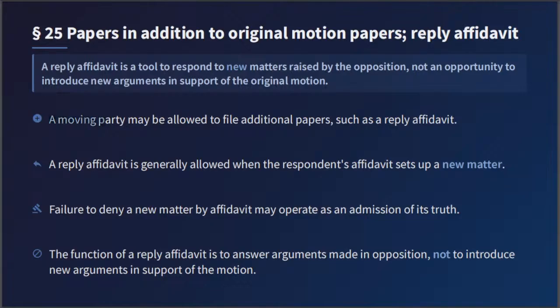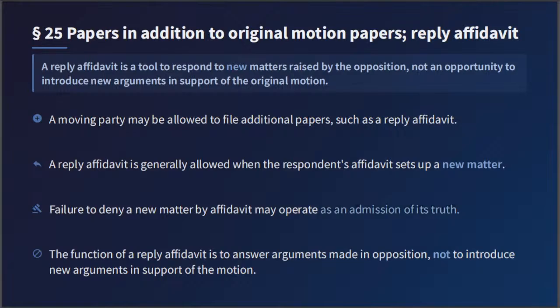So, a moving party may be allowed to file additional papers, such as a reply affidavit. A reply affidavit is generally allowed when the respondent's affidavit sets up a new matter. Failure to deny a new matter by affidavit may operate as an admission of its truth.